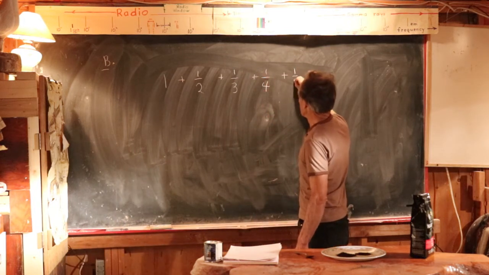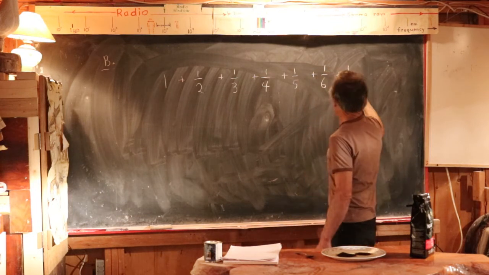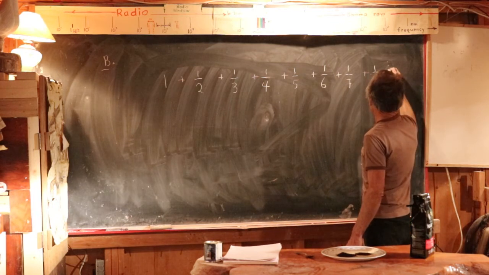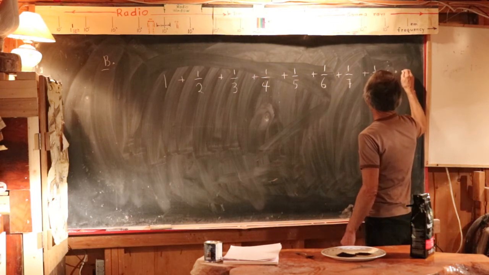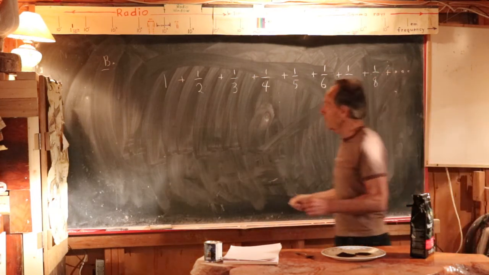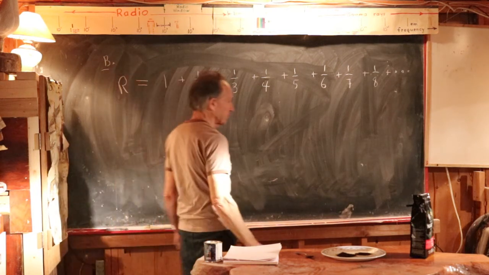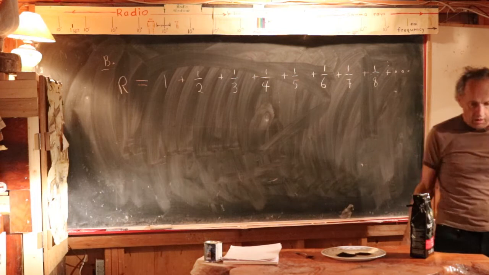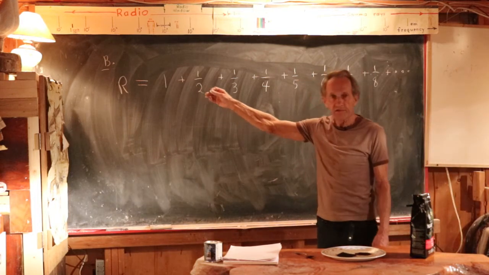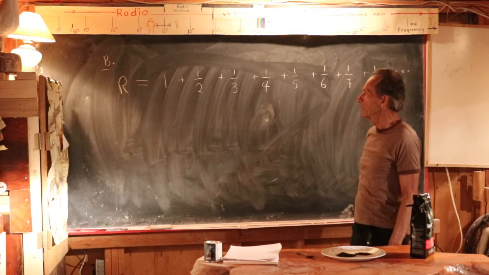Plus a 5th, plus a 6th, plus a 7th, plus an 8th, and so on. So what does that add up to? First of all, I'm going to give it a name. I'll call it R, something different. What is R equal to? The surprise is R is infinite. So it's larger than any number you can name.